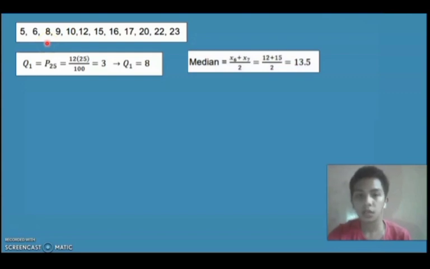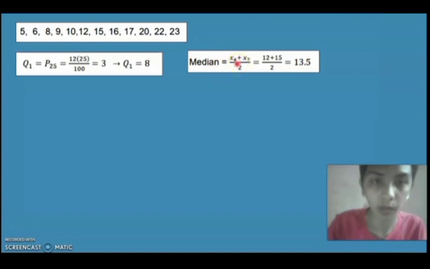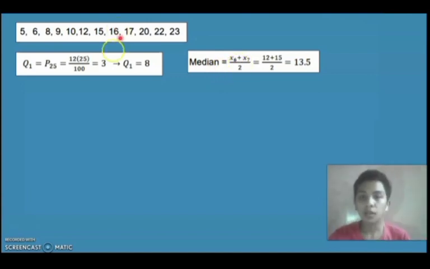Second, the median. In getting the median, we will count the values: 1, 2, 3, 4, 5, 6, 7, 8, 9, 10, 11, 12. So we have 12 values.